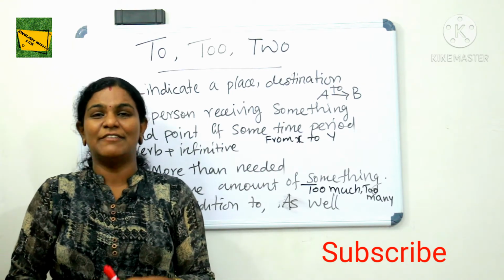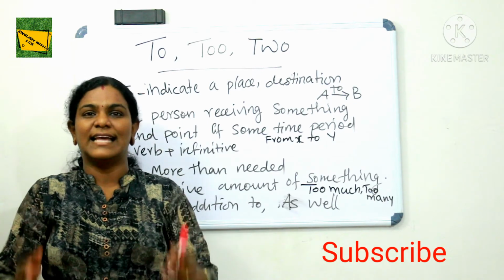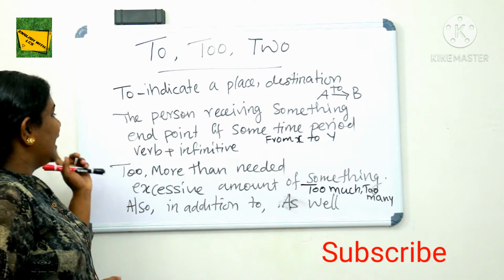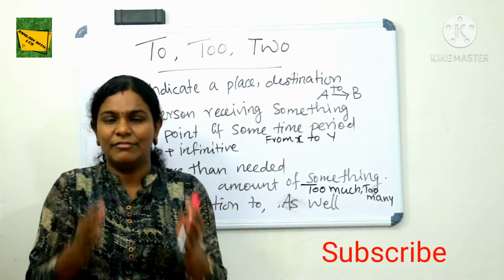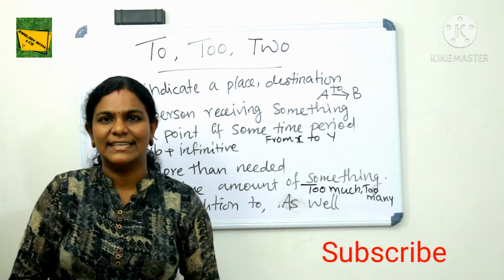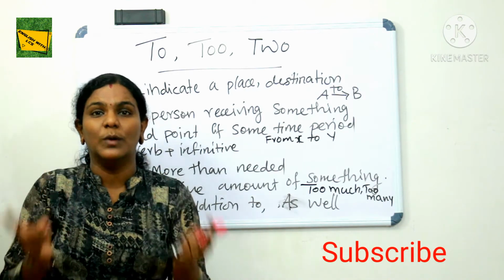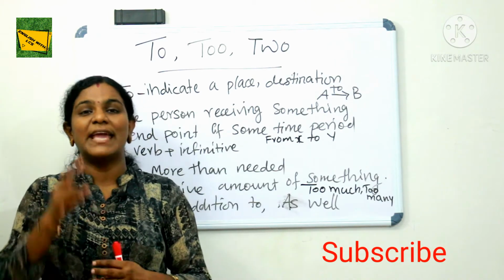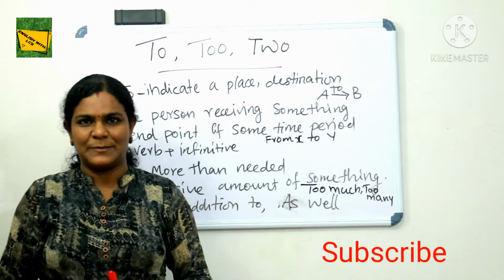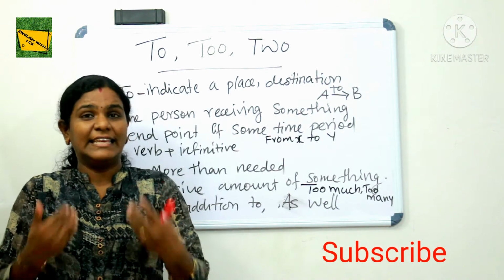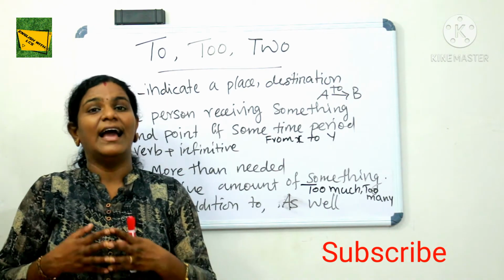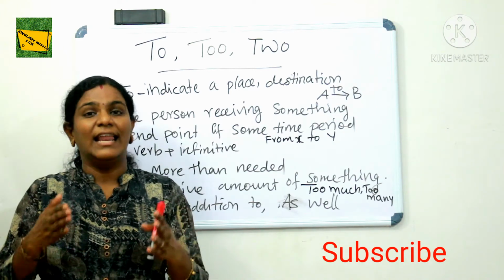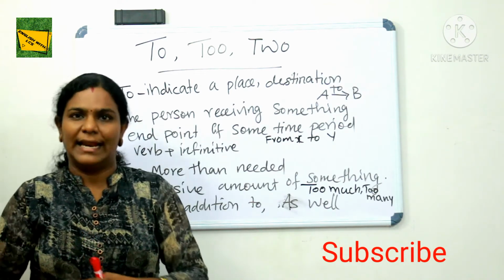So in this sentence I have used another usage also, that is to plus infinitive. Here, if I am taking a sentence and in that sentence we have two verbs, then definitely we have to add to in order to make the second verb infinitive. I will give another example, like she likes to play football, or she likes to eat bread.